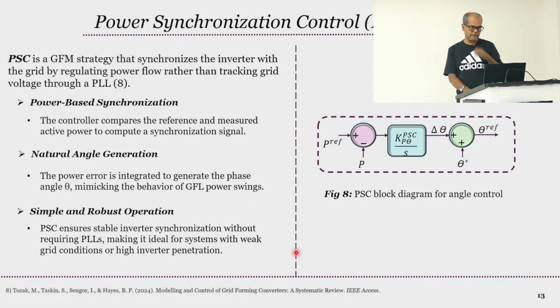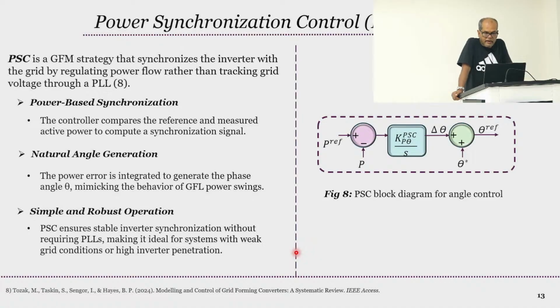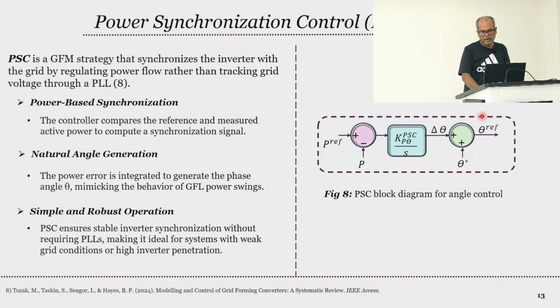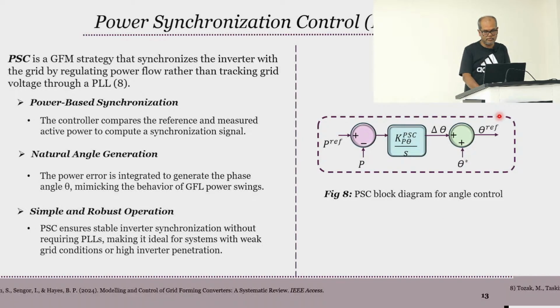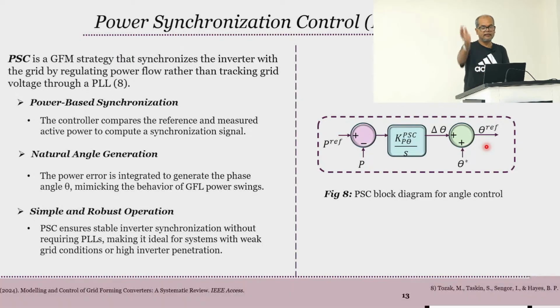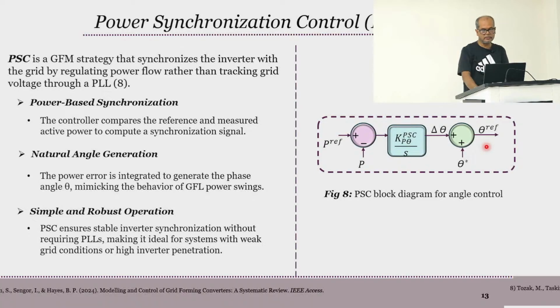So the PSC, the third one, again synchronizes the inverter with the grid by regulating the power flow rather than tracking the grid voltage. Here you see that by this angle it synchronizes, but it does not follow the grid angle, which a grid following inverter does through the PLL.